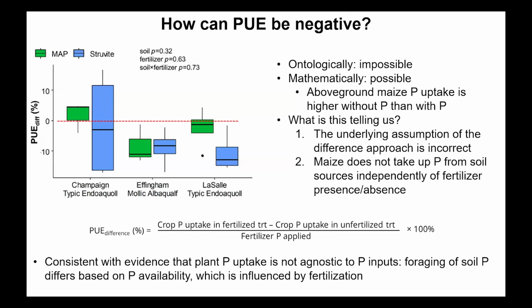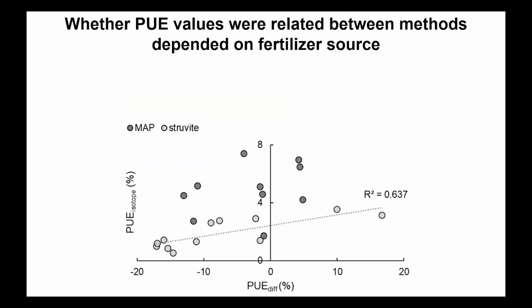Now, a question was raised: is there any regression or correlation between the two values of PUE, by difference versus by the isotope directly? And the answer is that it did depend on the fertilizer.